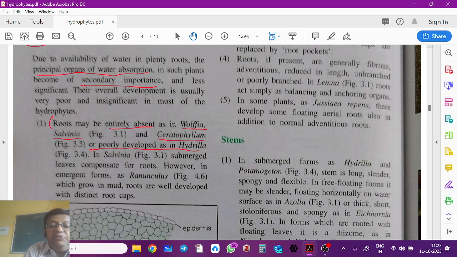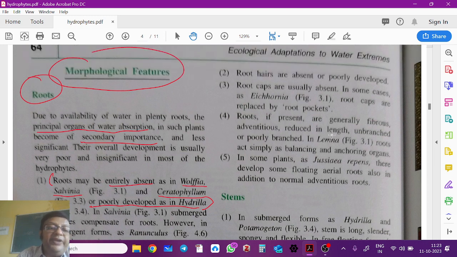Read only the first line everywhere, don't go for the other lines, otherwise it will become difficult to remember. The next point: in some like Wolffia and Salvinia, roots may be absent or poorly developed as in Hydrilla.